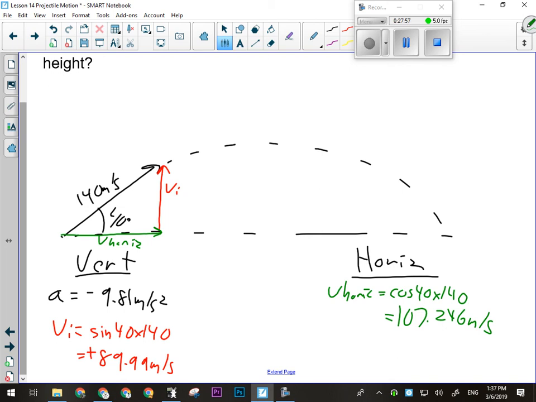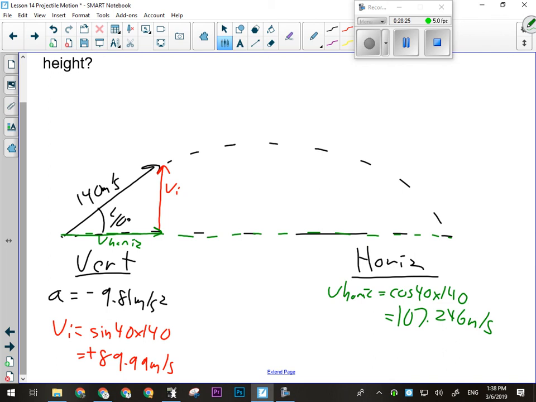All right, if I am dealing with the entire flight and I want to calculate this horizontal distance, what do I need to know about the vertical velocity of the object when it hits the ground on the other side? Well, I'm going to need time, but I need the vertical velocity final first. What do I need to know about that? It's the same as my initial unless I'm told otherwise.